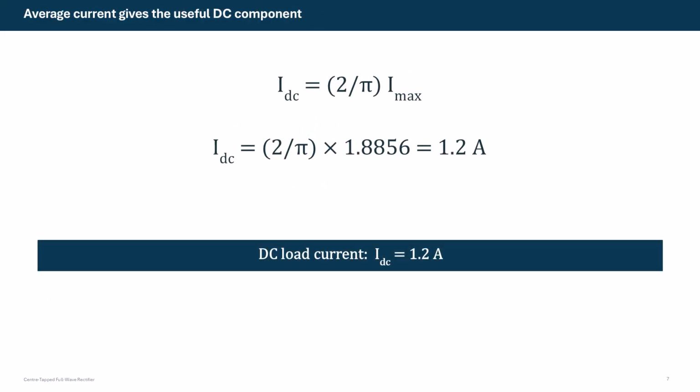For a full wave rectified sine wave, the average current is 2 over pi times the peak current. Applying this relationship to the calculated peak current gives 1.2 amperes. This average value is the useful DC component delivered to the load.